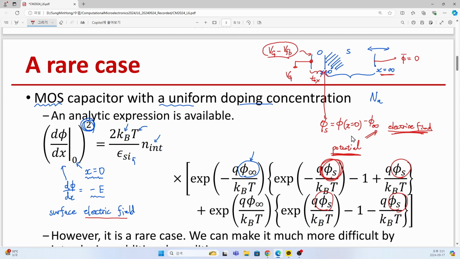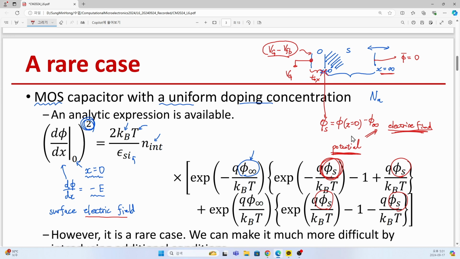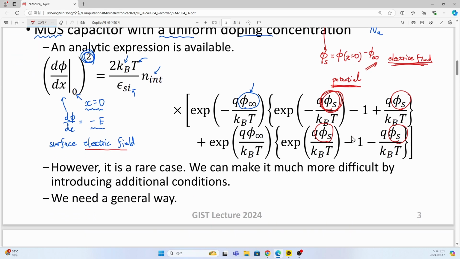Yes, we were able to calculate this quantity numerically. So that was a significant achievement.